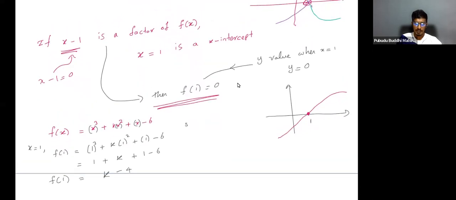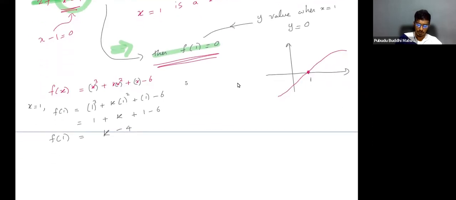But since x minus 1 is a factor of f of x, right? We do have this information. Otherwise, we can't solve this. We know that x minus 1 is a factor of f of x, which implies f of 1 equals 0. Hence, we have this value, that is 0.